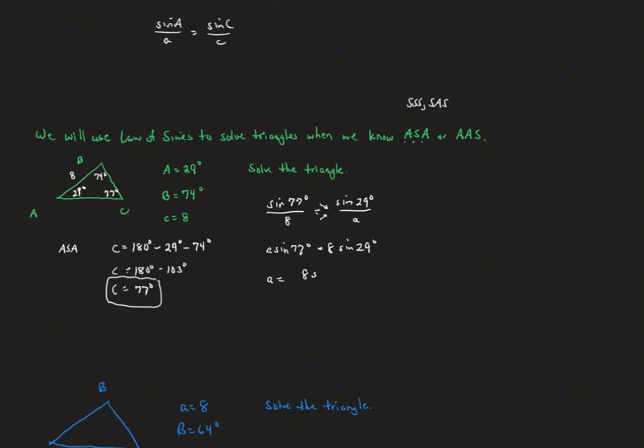So that's going to be 8 sine of 29 degrees divided by the sine of 77 degrees. And then we can just go to our calculator. I'm going to make sure that I'm in degree mode. I am. And so we can go 8 sine of 29 divided by the sine of 77, and I'm getting 3.980.